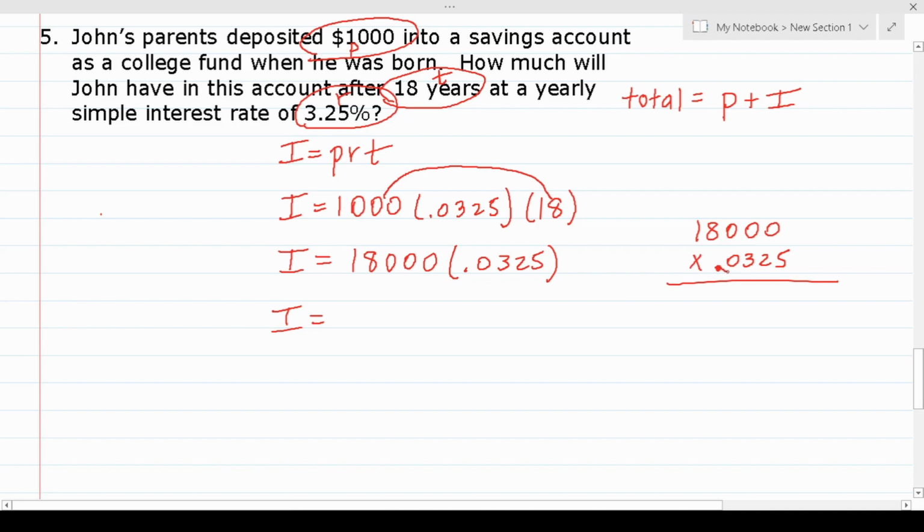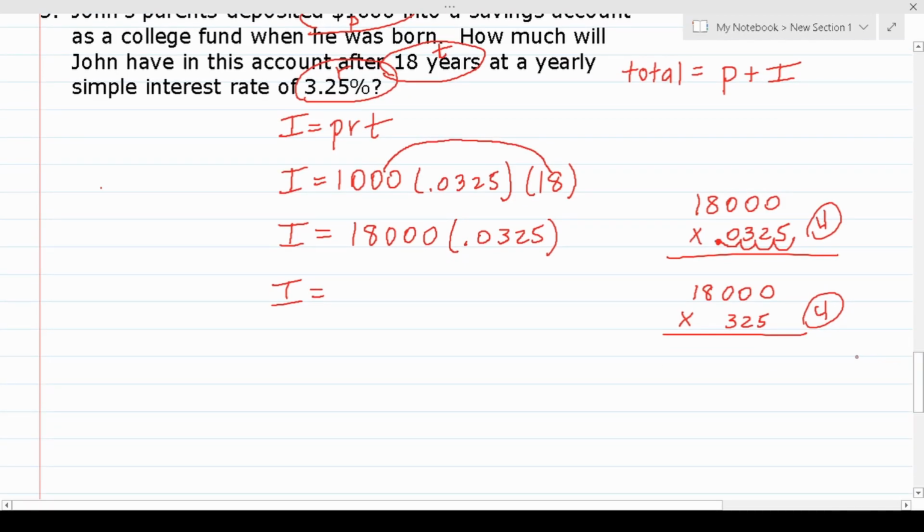And I'm going to shift its decimal 1, 2, 3, 4 times to the right to make 0.0325 just 325. So in reality, I'm working out this problem: 18,000 times 325, albeit with 4 decimals to shift back into the left at the end. Let's go ahead and work this out now.